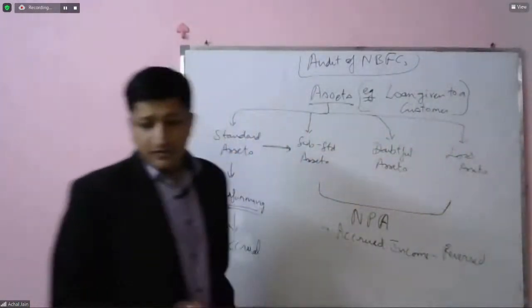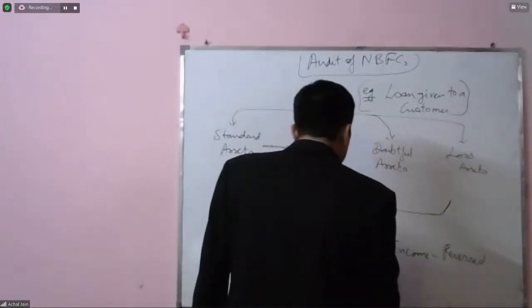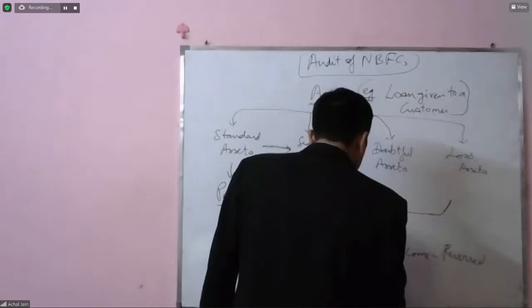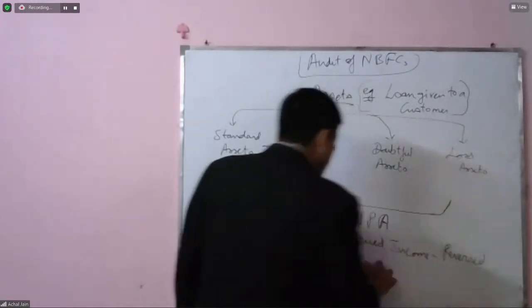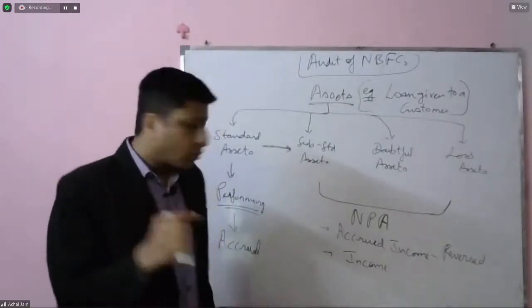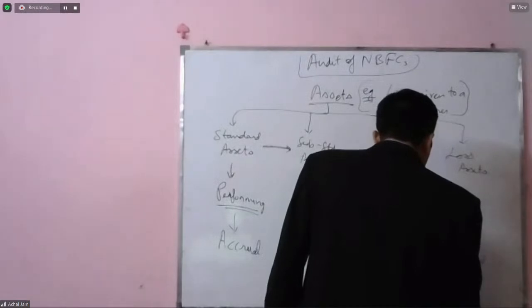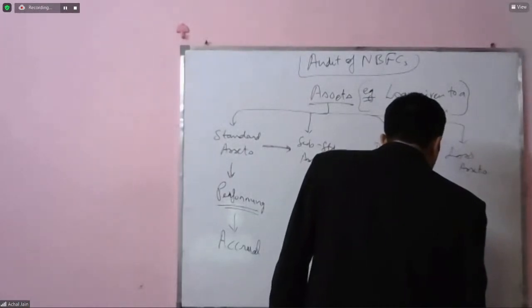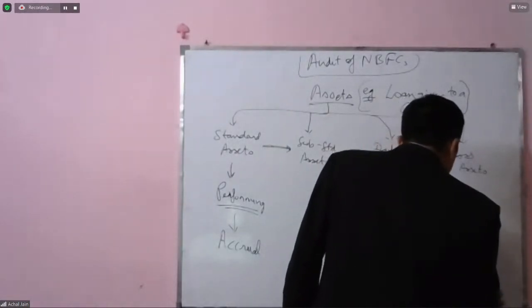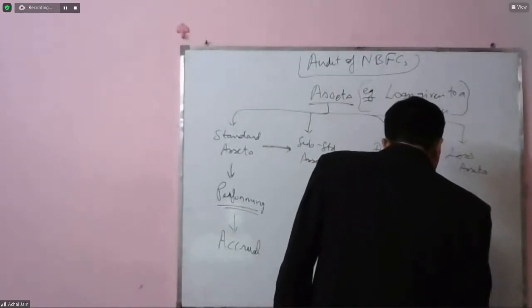That should be reversed. And any further income, including this reversed income, should be recognized only when realized. That will be recognized only when it is received, only when it is realized.